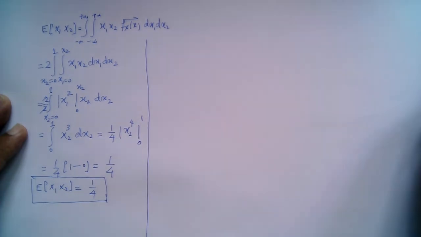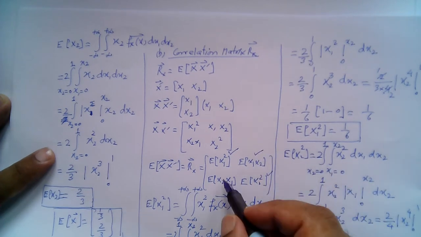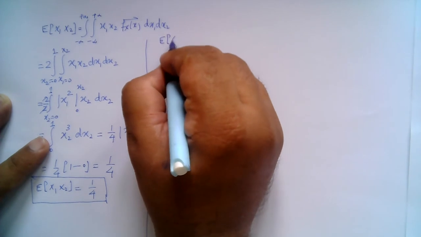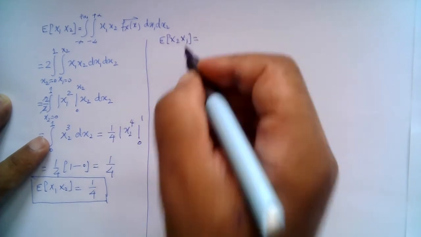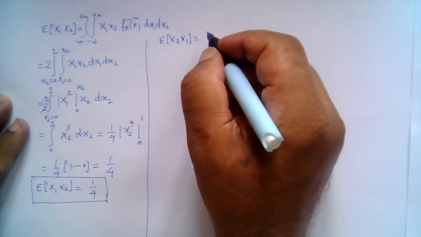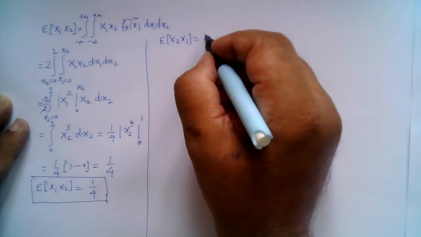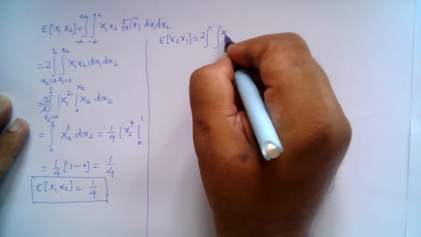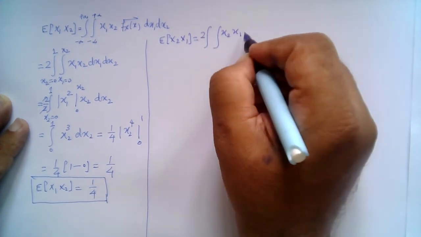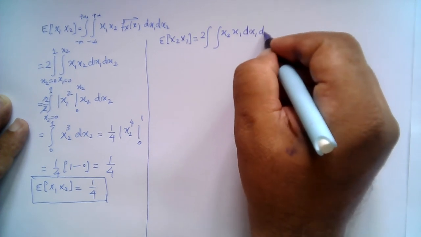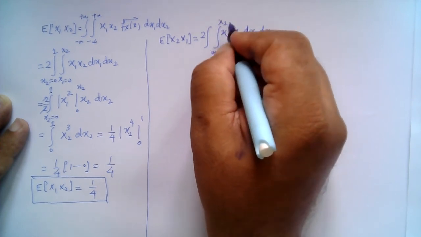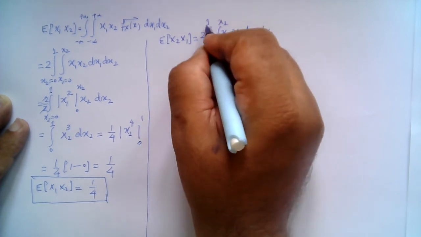Now we have determined this entry here. We are left with this one only. So expected value of x2 x1 is basically the same as this one, because as you see this is equal to this integral, 2 x2 x1 dx1 dx2, with limits x1 from 0 to x2 and x2 from 0 to 1, right?